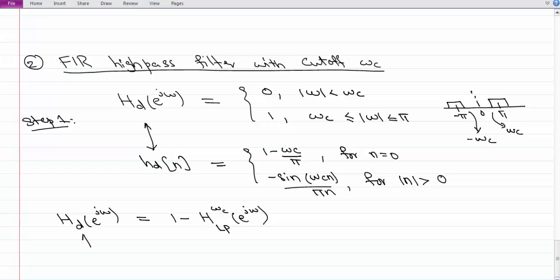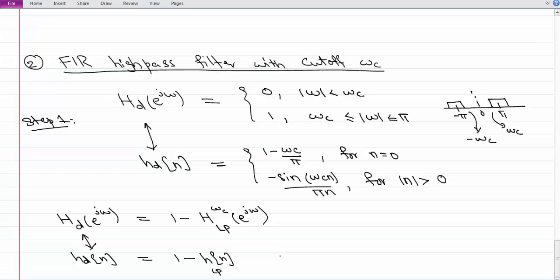Right? So then the impulse response of that is simply equal to delta of n minus the impulse response of the low pass filter h_lp of n. Now we already saw what is the impulse response of the low pass filter. If you plug in the values, you get back exactly this formula.